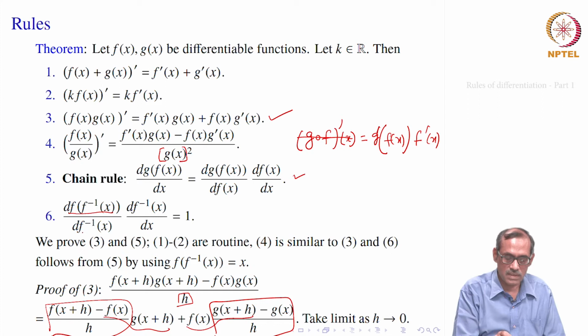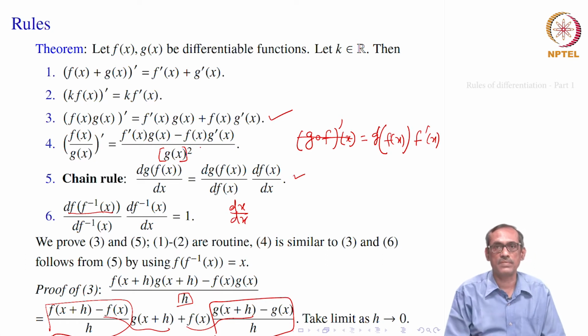So, that can be differentiated with respect to f inverse x, and then d f inverse x divided by dx. So, the whole thing, because of chain rule, look at the right side, it is df of f inverse by d of f inverse, d of f inverse by dx. So, it is really dx by dx, and that is equal to 1.